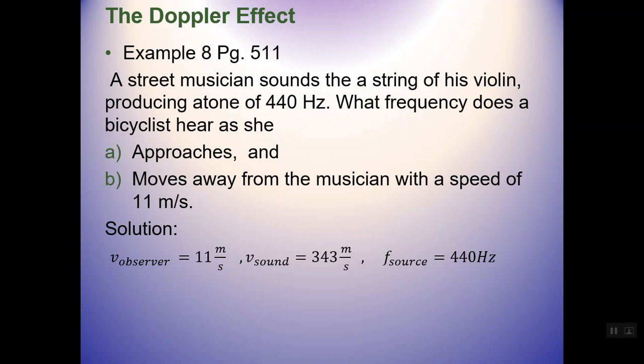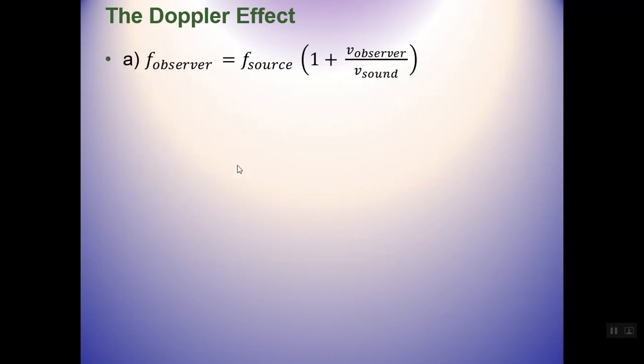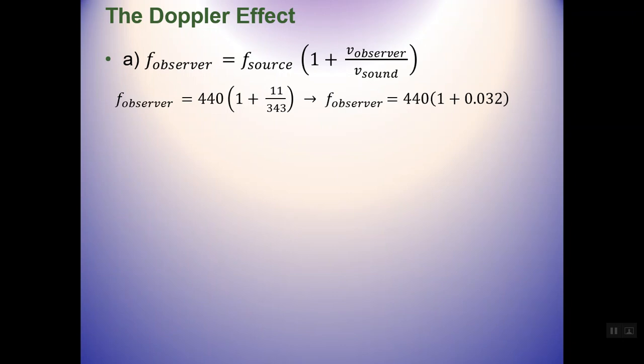Use the Doppler effect equation for an observer moving toward a source. We can use this formula: F observer is equal to F source times 1 plus V observer over V sound. And we use a plus because the observer is moving toward the source. Substitute your numbers to find the frequency of the observer is equal to 440 times 1 plus 11 over 343.